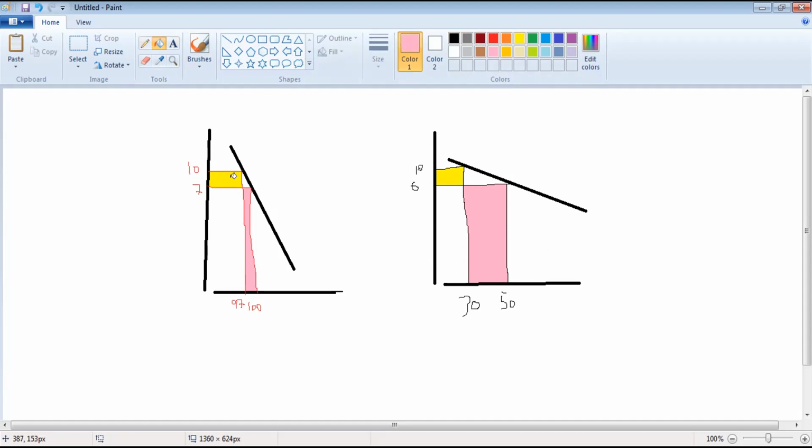Now compare these two curves. Here for tobacco, let's say the change in price was the same for both. But look at the impact on demand. Here, the impact on demand was very less. But here, the impact on demand was huge. Why did it happen? Because the demand is inelastic here. Tobacco is like a habitual good. People can't actually quit it easily.